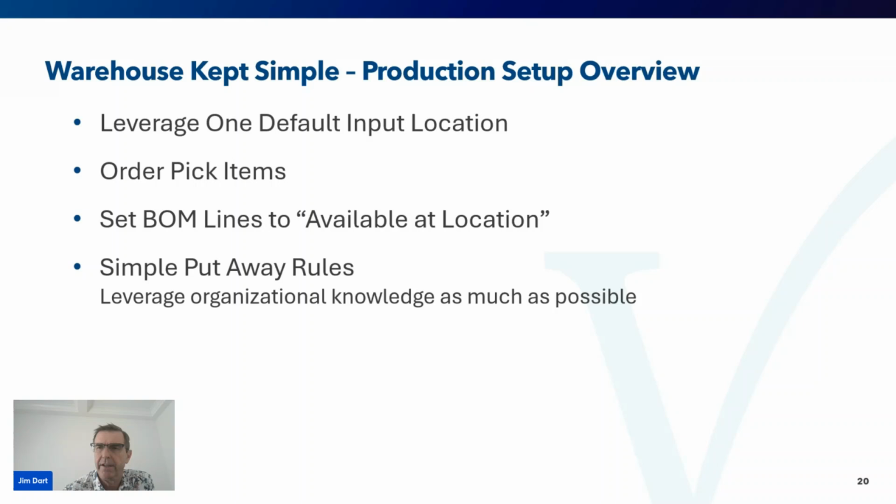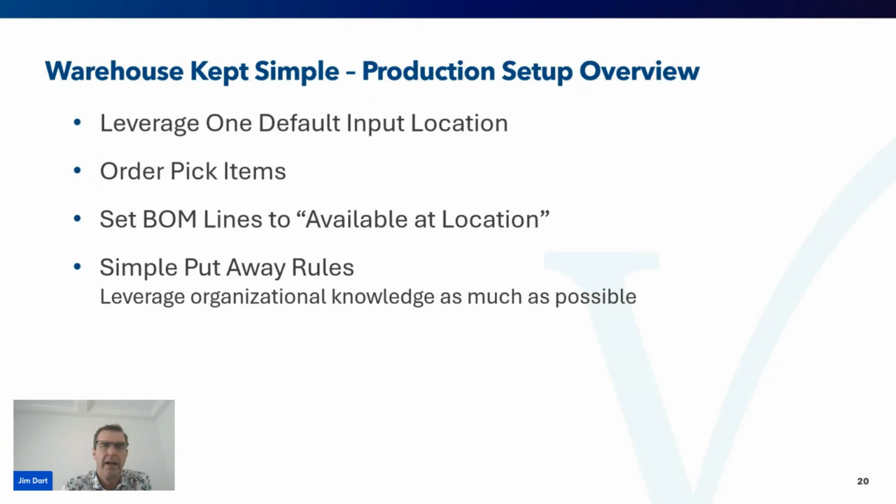And I think we're down to the last slide here in terms of keeping warehousing and manufacturing simple in the production area. For warehouse, one idea is to simply use a single default input location to the manufacturing areas, regardless of the line, so that it simplifies the transaction discipline and allows material to move more quickly from storage areas into production.